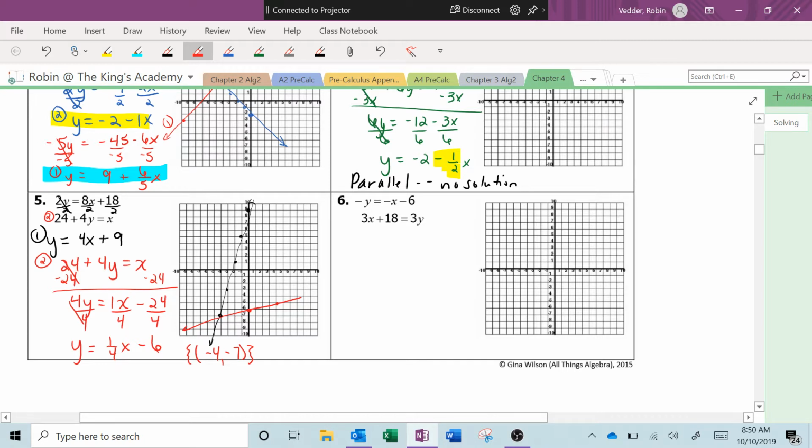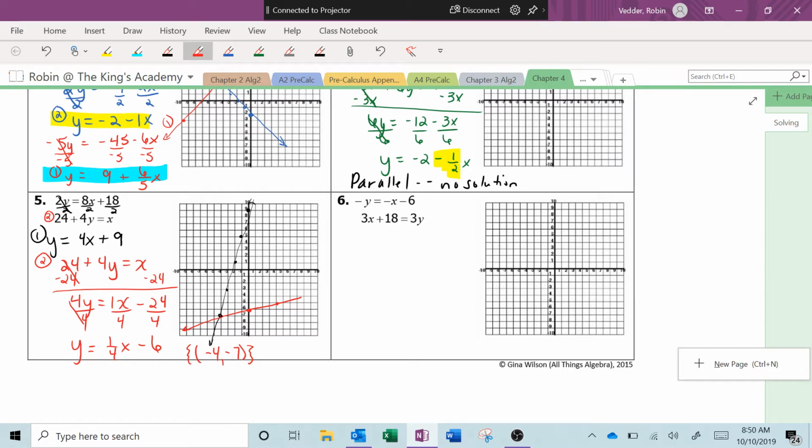All right, go ahead again, graph it, see if you get the same solution. So this is a good check for you to make sure that you're graphing like you're supposed to be.